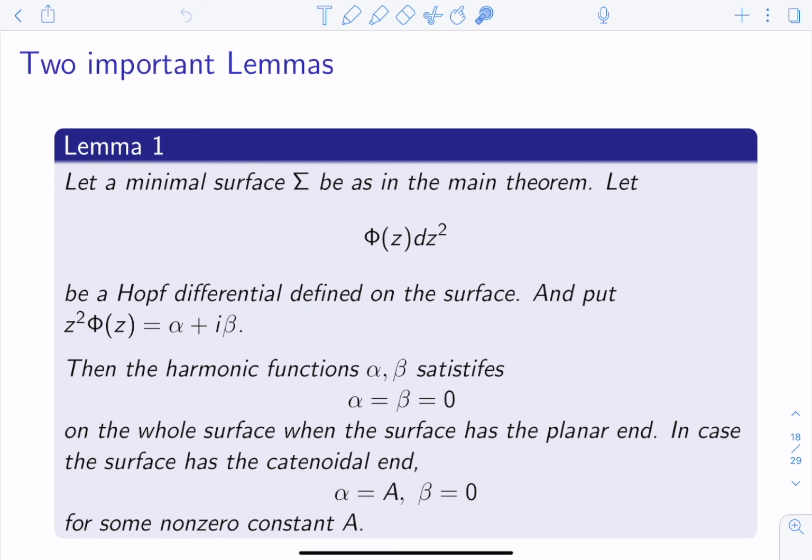In the case where the surface has a planar end, α and β vanish on the surface. In the case the surface has a catenoidal end, α must be some non-zero constant A and β should vanish.